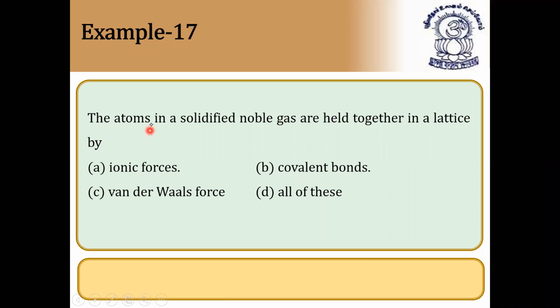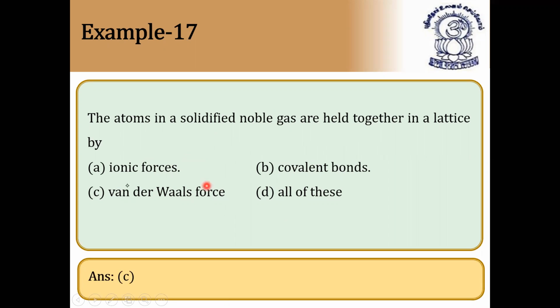Next question. The atoms in a solidified noble gas are held together in a lattice by: ionic forces, covalent bonds, van der Waals force, or all of these. The answer is van der Waals force, because they are non-metals.